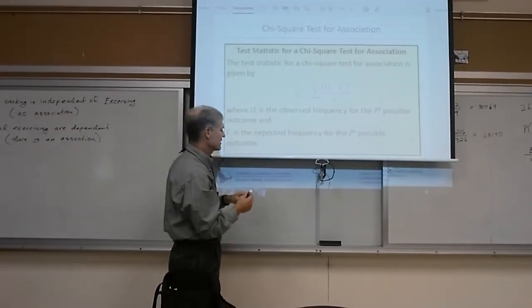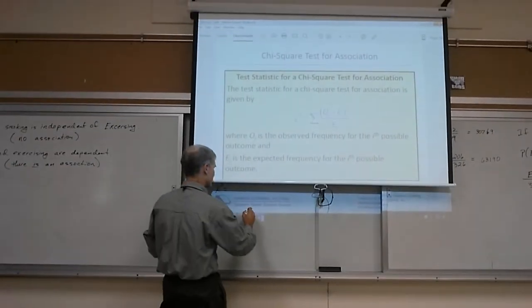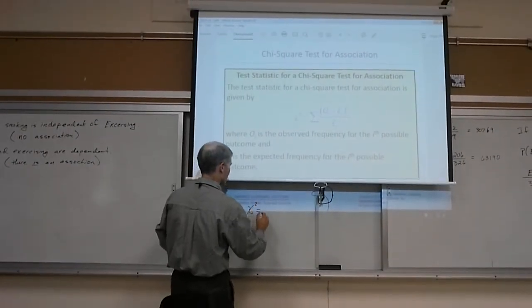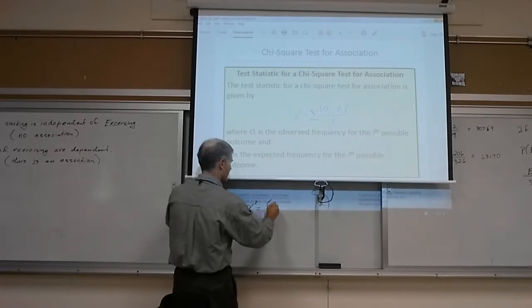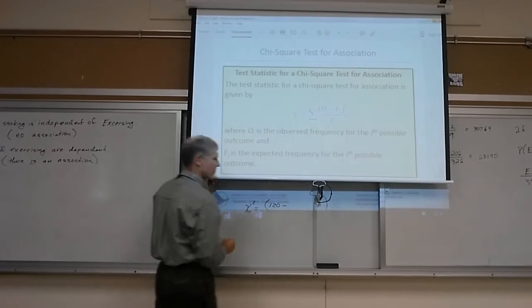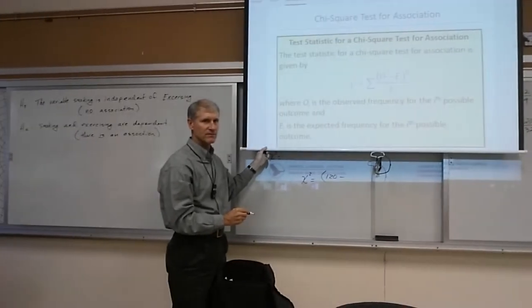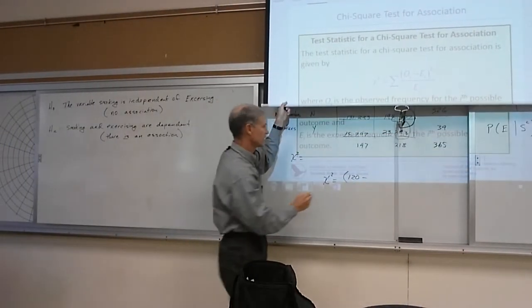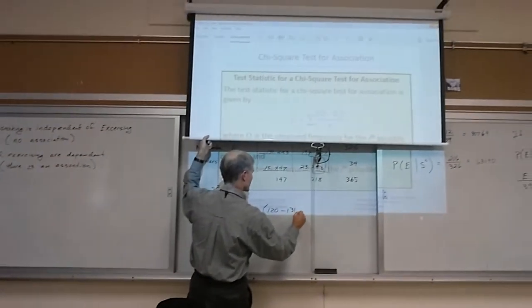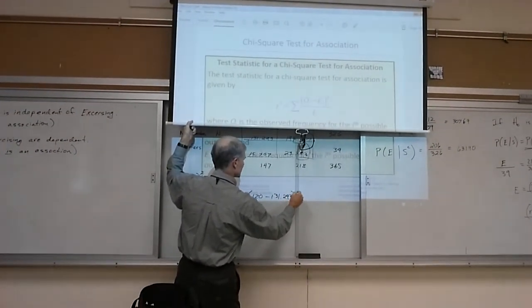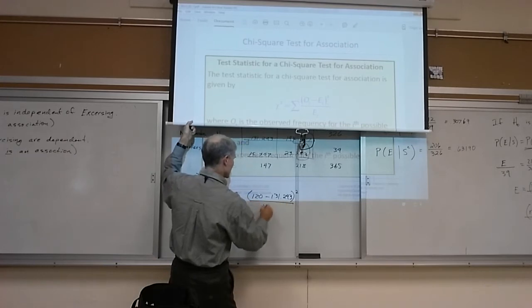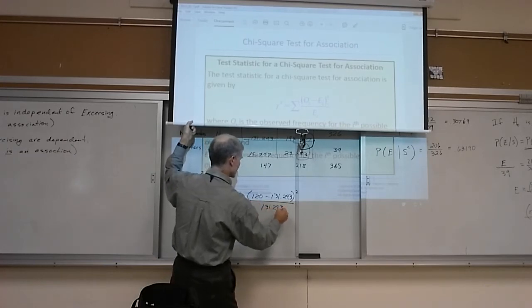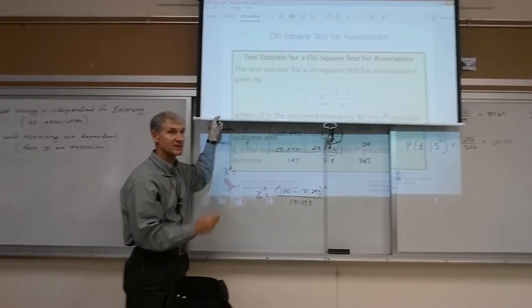So in our data, that first cell, chi-square equals, the first cell was 120, and the expected value was 131.293. Square that and divide by 131.293. And that's the first cell.